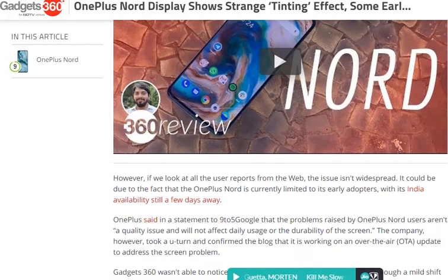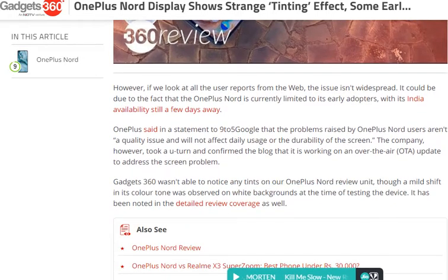But for those people who are affected, companies should literally put more effort into calibrating their displays so that this issue is not so visible. In OnePlus Nords, and many pictures of the OnePlus 8 Pro, it was really visible.